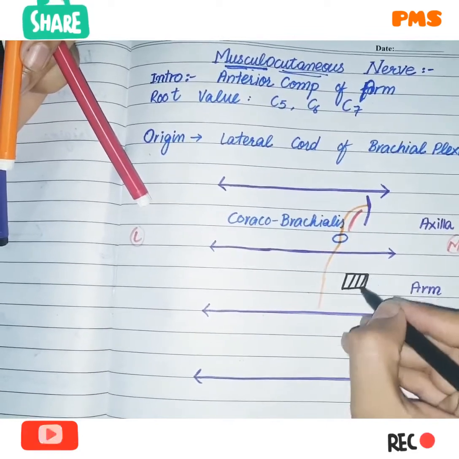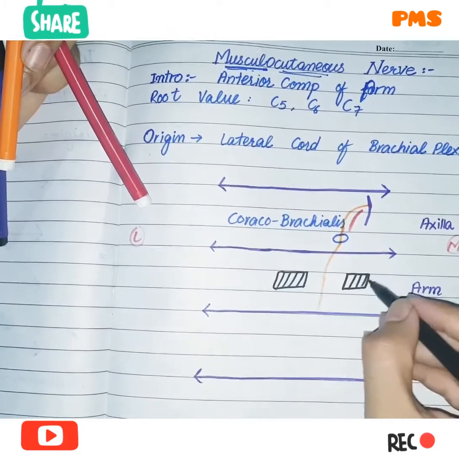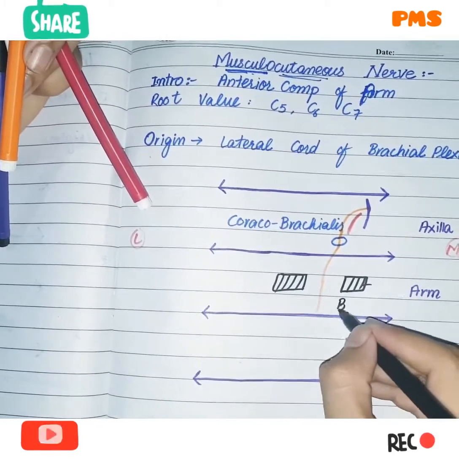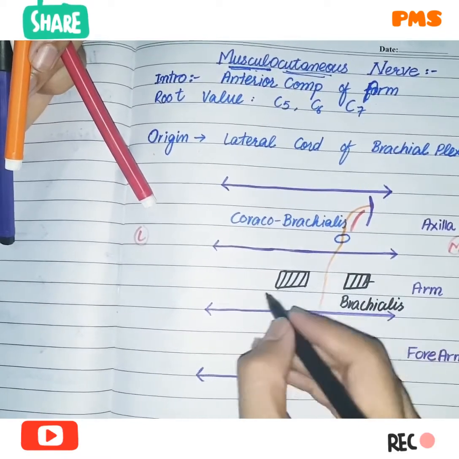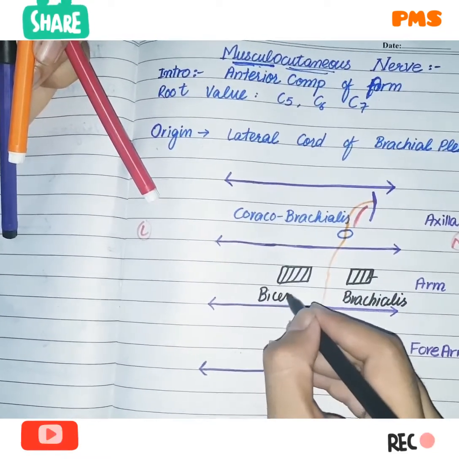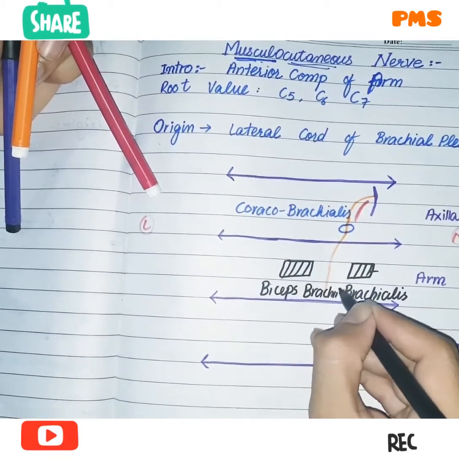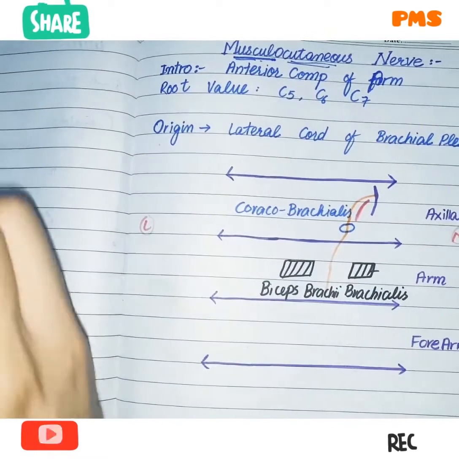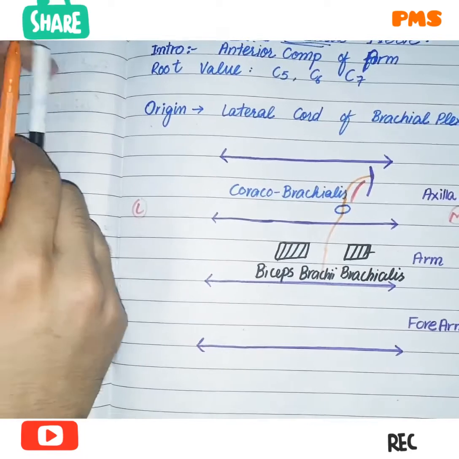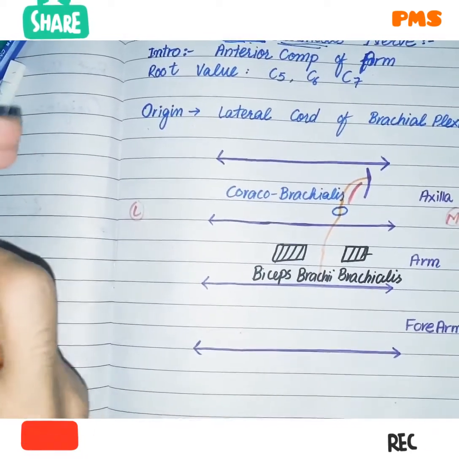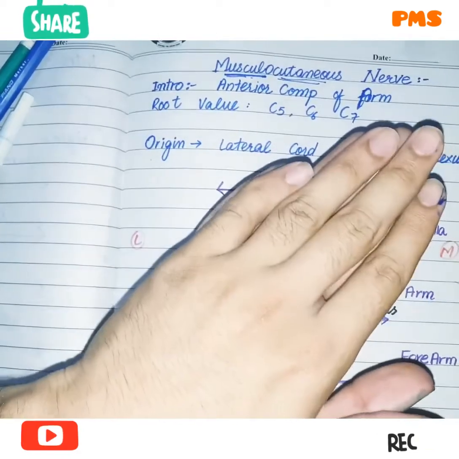This is the brachialis muscle and this muscle is biceps brachii. It lies in between them, with the biceps brachii above and the brachialis muscle below. Suppose this is the biceps brachii muscle, this is the nerve and this is brachialis.